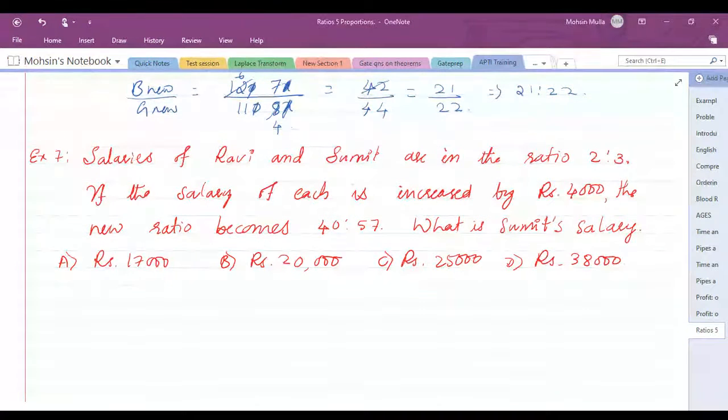Mega and Rutuja, no response. So roll number 11 and 20 are not actually present. I'll note it down, because this is not going to work. If you are enrolling, then you have to be available here, not just for namesake. You have to keep it on and do whatever you want to do.